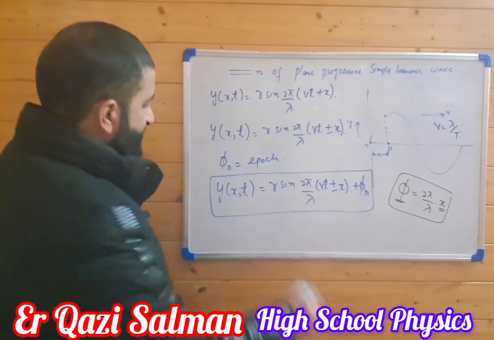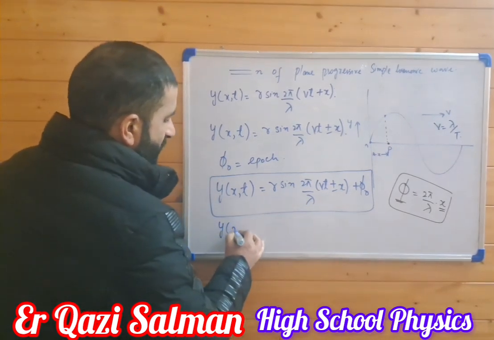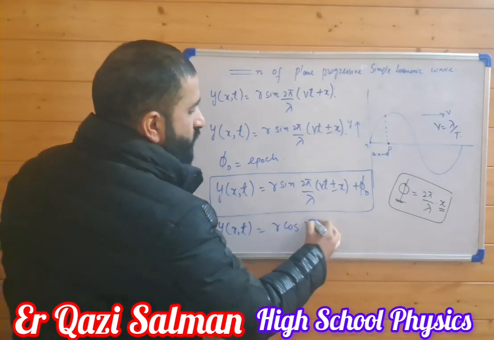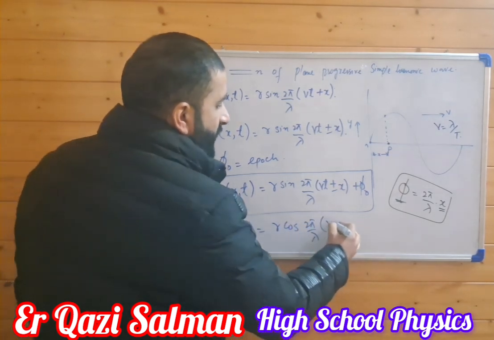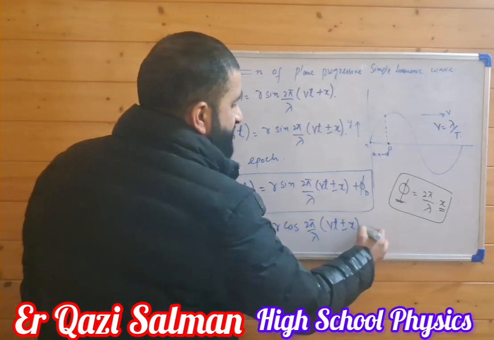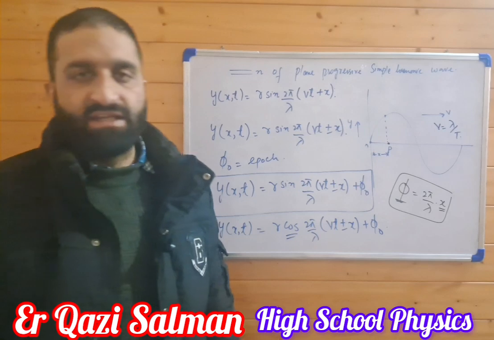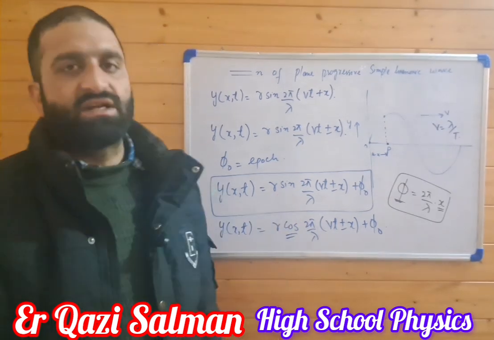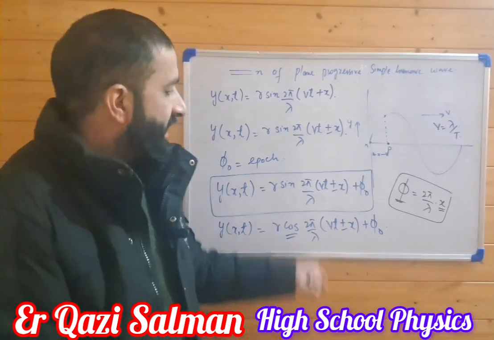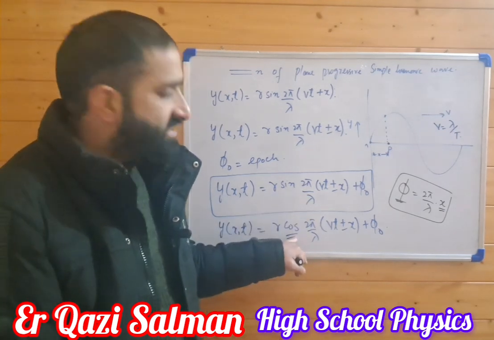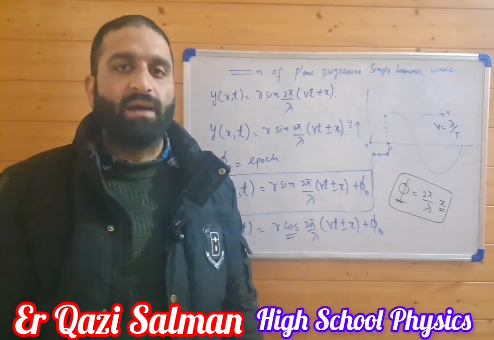If it starts from the extreme position, in that case y at x comma t is equal to r cos of 2 pi by lambda into vt plus or minus x plus phi 0. In this case it starts from the extreme position, and in this case it starts from the mean position; in the sine case the wave starts from 0, and in the cosine case the wave starts from maximum amplitude.